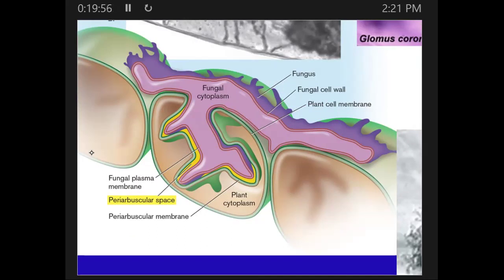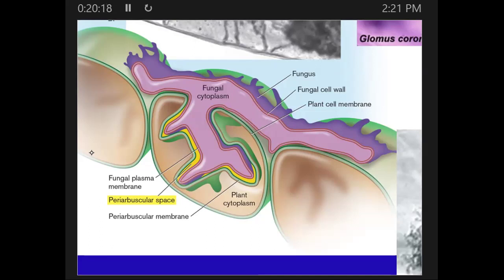It has kind of pushed in internally, but remember, it's always surrounded. The plant keeps it in check. There's always a plant-derived membrane designating the boundary, and you can't cross that. It won't let the fungus cross that.